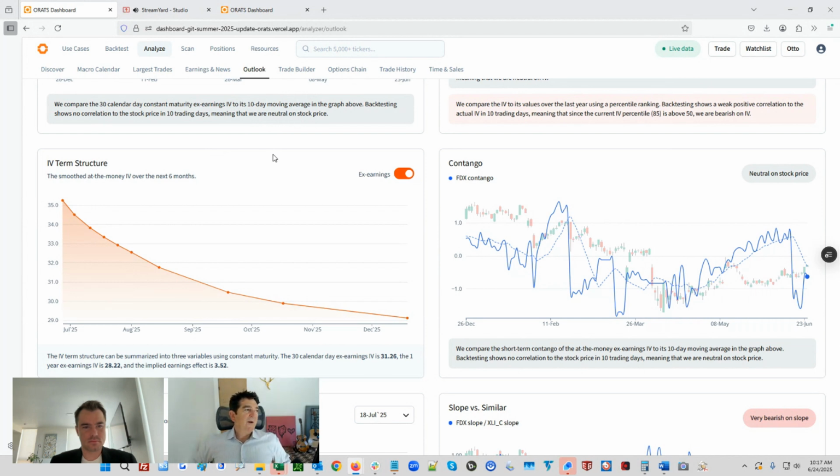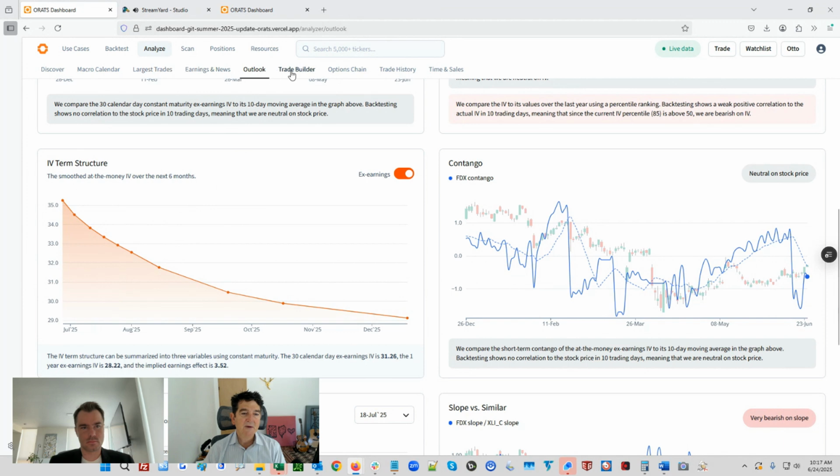There's just a lot of, FedEx is clearly one of the stocks that's most affected by all the BS going on in the market right now. And so even after earnings is announced, it's still going to have probably a backwardation or a front month that is higher than the back months because there's expecting more volatility than usual in FedEx.